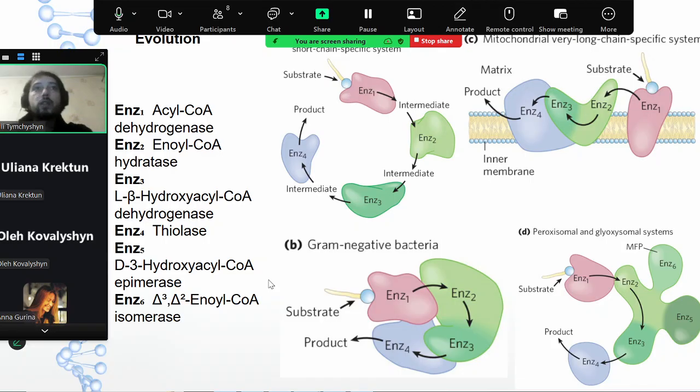Why didn't all organisms evolve to have them as a single chain? Some have, some haven't, so there is probably something good about synthesizing them as separate proteins as well.